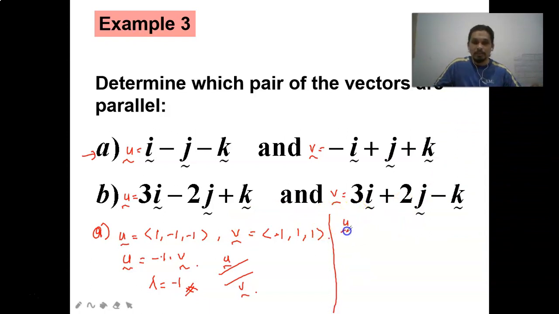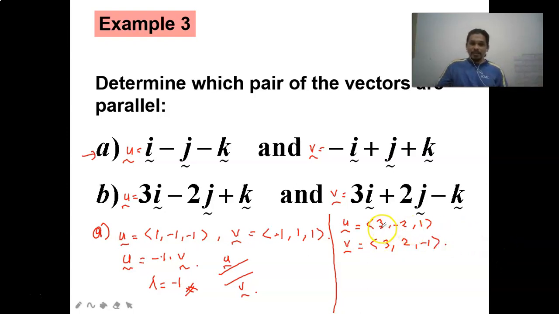U equals 3, negative 2, and 1. And vector V equals 3, 2, and negative 1.